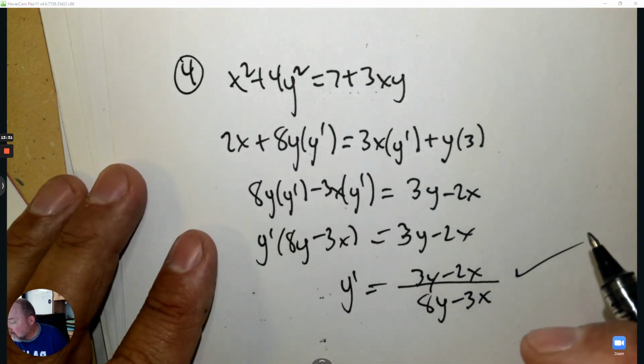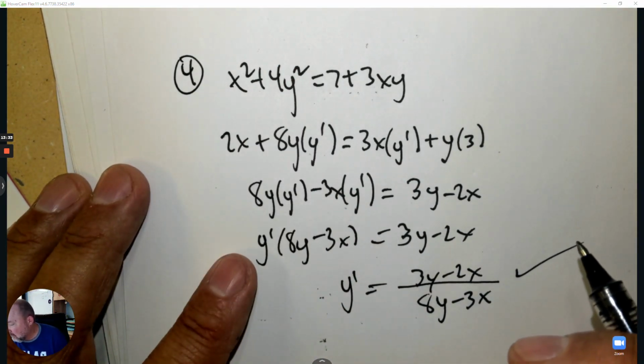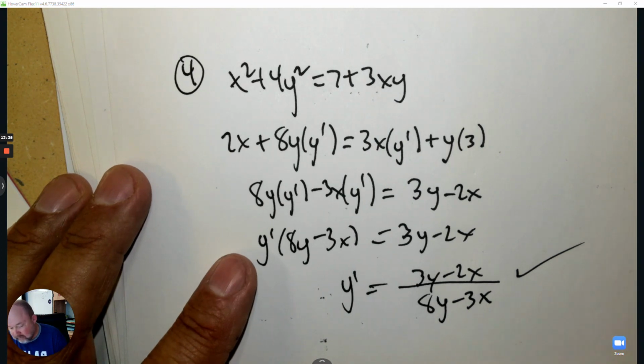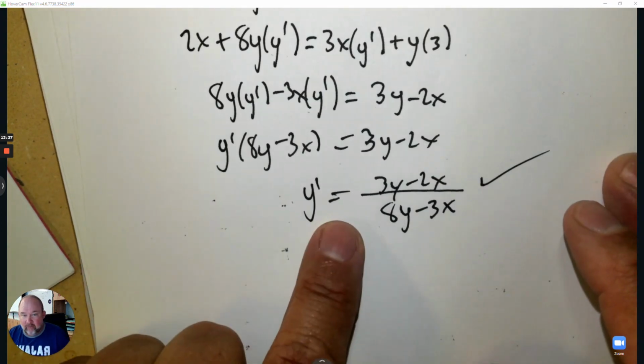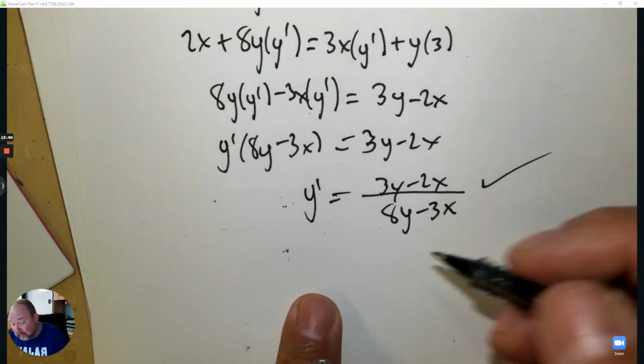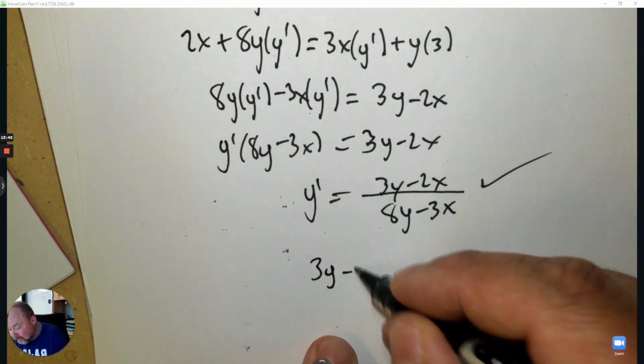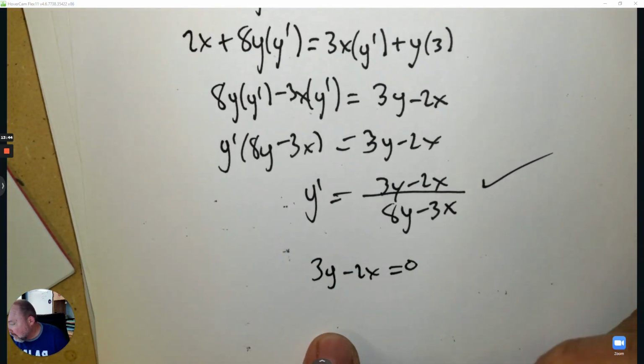And then part B, show that there's a point P with x coordinate 3 at which the line tangent to the curve is horizontal. So if it's horizontal, that means the derivative is equal to 0. So take the numerator equal to 0, and we're going to solve it.